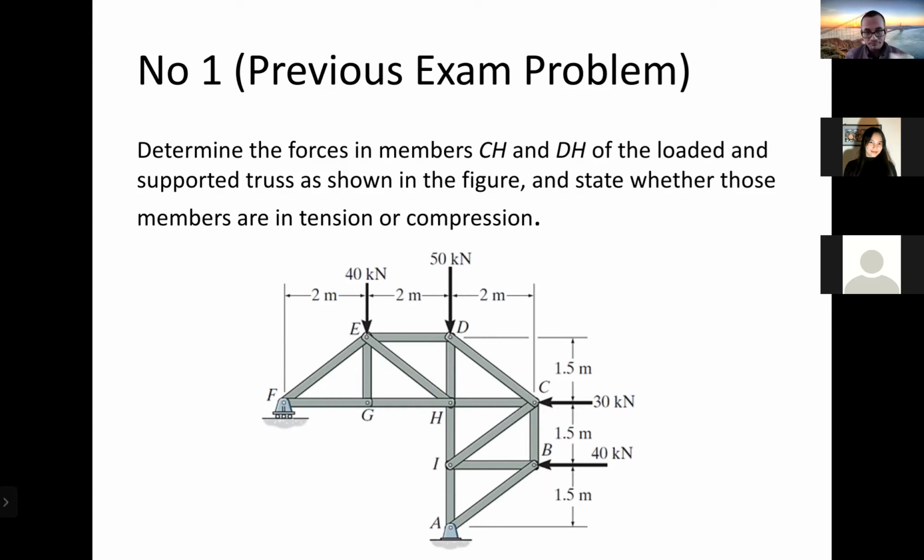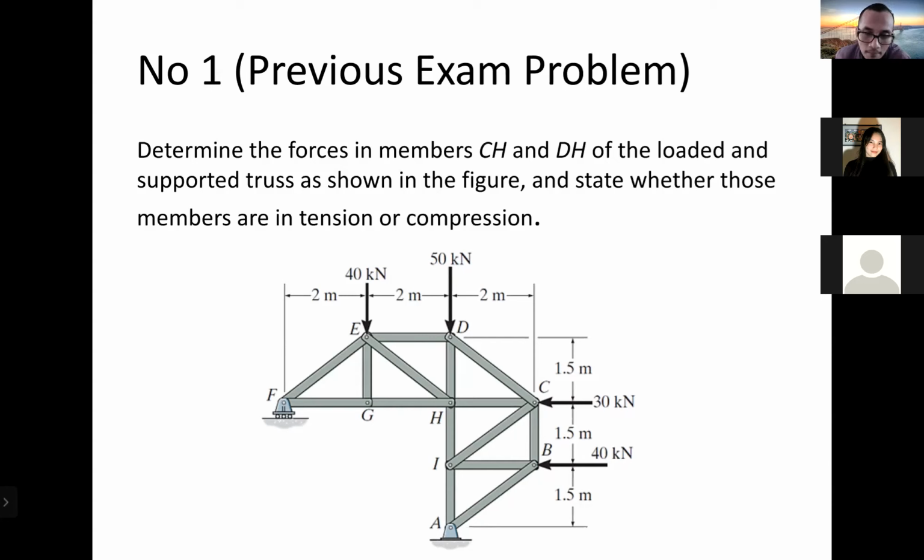Me, sir. Okay, Omar, why do you have a problem with this one? Which one confuses you? I think I just don't know where to cut it in case when I use the section method. I don't know where to cut it.